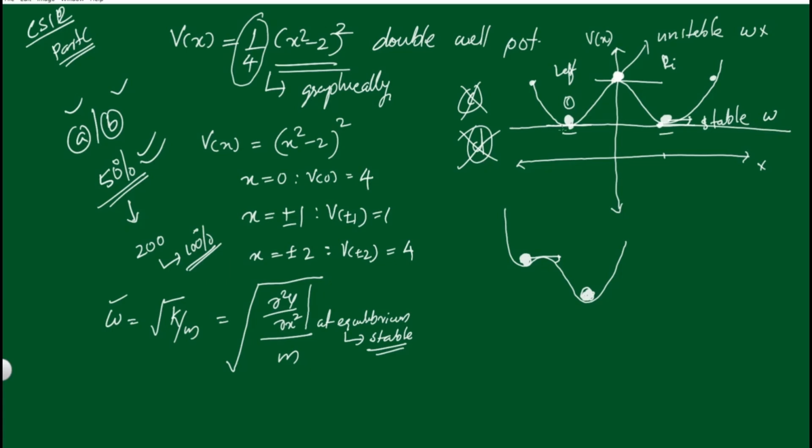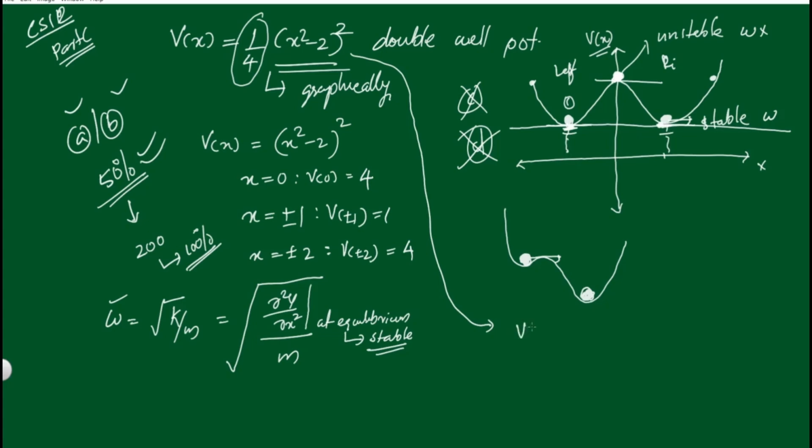Now you can see the potential V of x is 0 when it is at a stable equilibrium point. So we have to find out this x value and this x value. How can we find this x value?